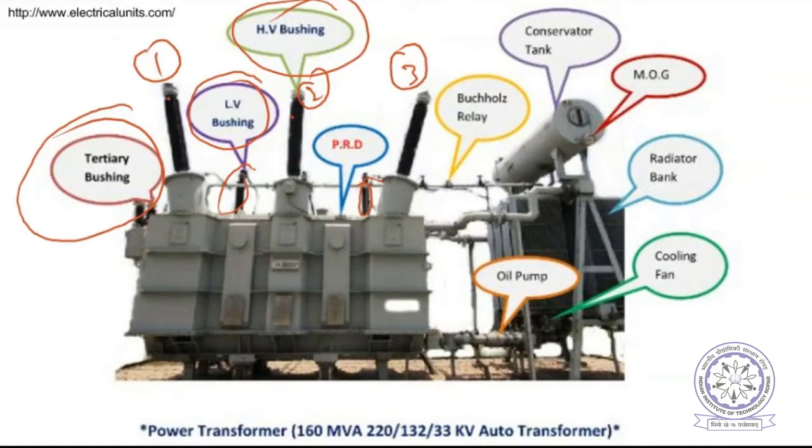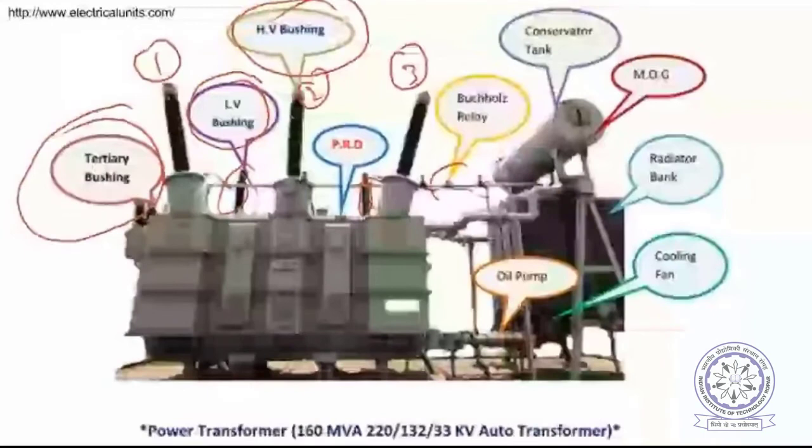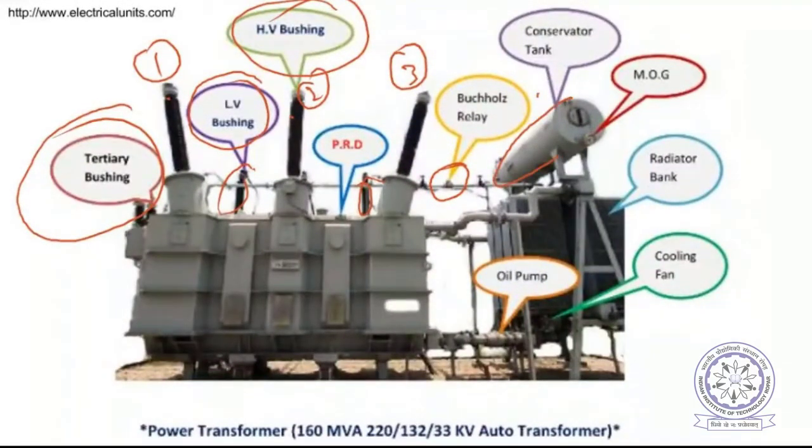Otherwise, if the transformer is hermetically sealed, it may burst when there is excessive pressure buildup due to a short circuit or due to an increased load for a longer time. And here there is a relay, which we will see later. And this is the conservator tank.